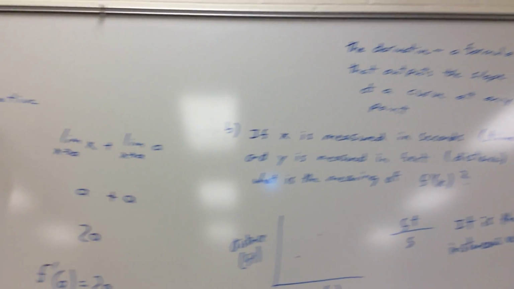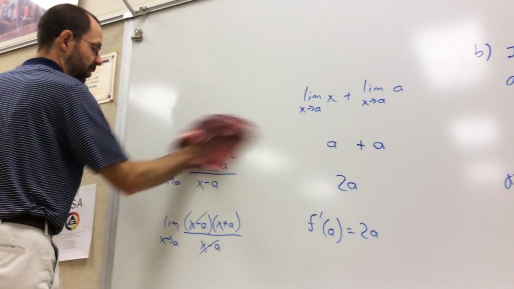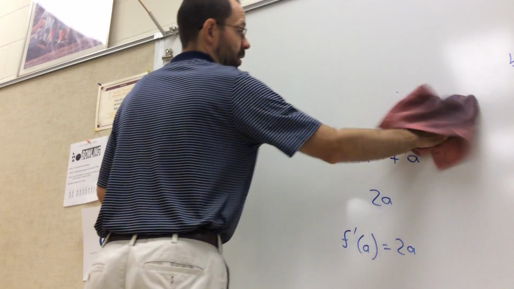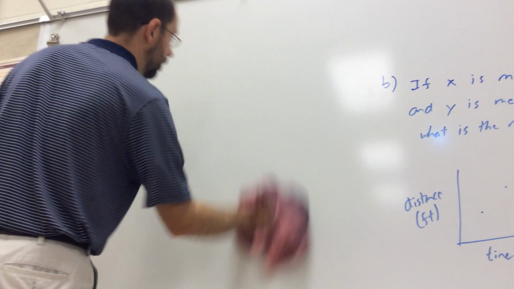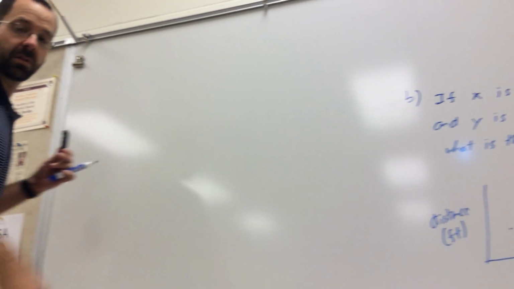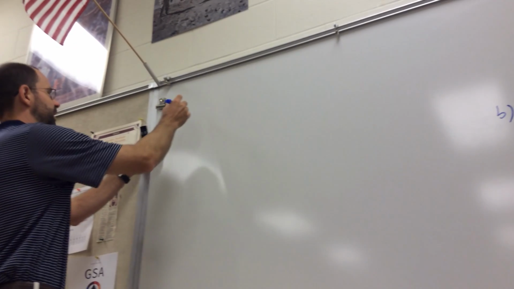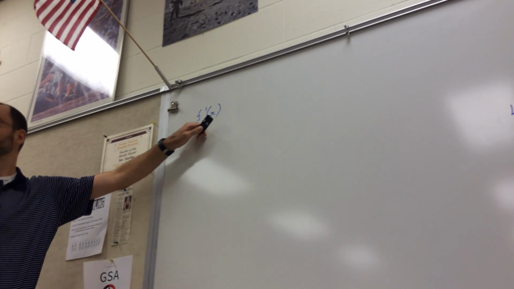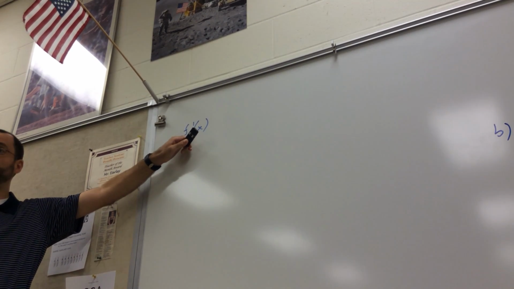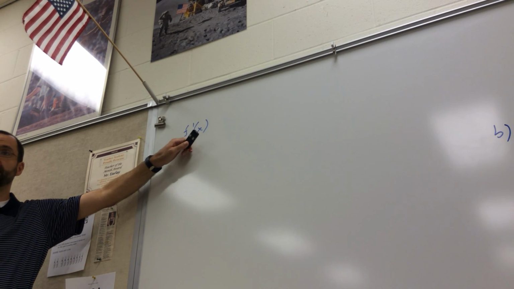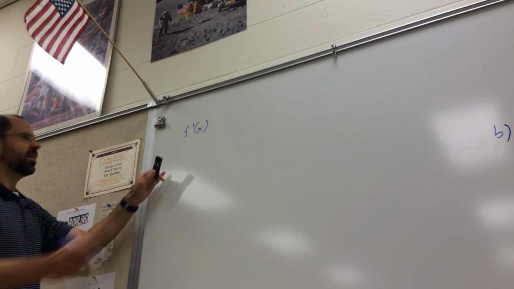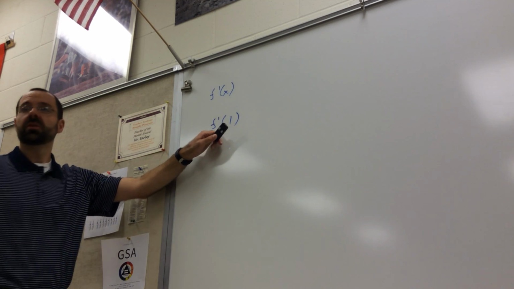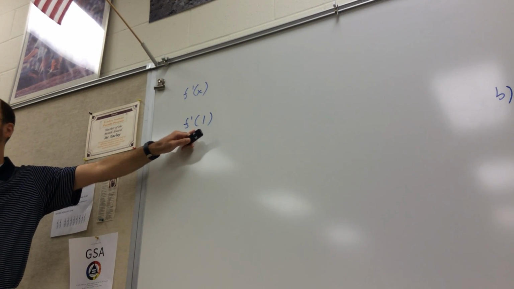Okay, just a couple more notation things, and then we're pretty much done for today. So I talked about the fact that f prime of x was the formula that gives you the slope of the curve, right? So what do you think f prime of 1 represents?